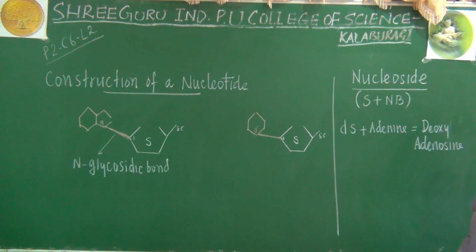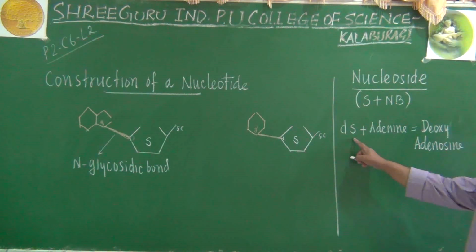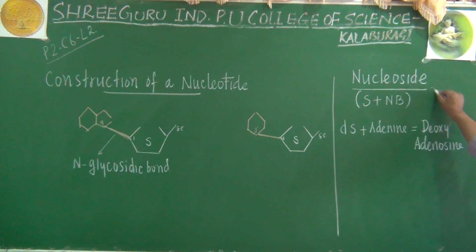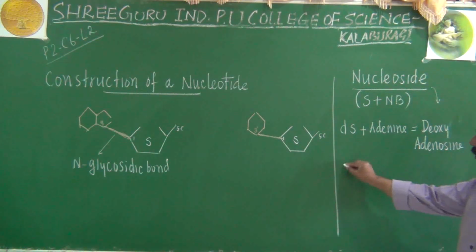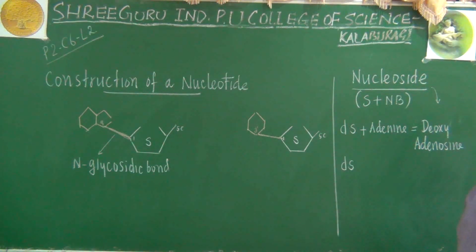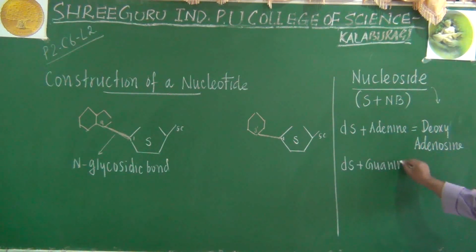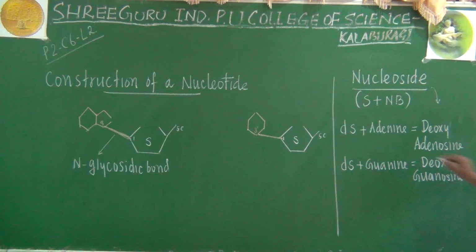So what is the nucleoside? Nitrogenous base plus sugar molecule. The sugar molecule is deoxyribose sugar and the nitrogen base is adenine, which type of nucleoside will you get? It will be deoxyadenosine. Do you get my point? Similarly, if the sugar molecule is deoxyribose sugar and the base is guanine, the resulting nucleoside will be deoxyguanosine. Do you get this point? Deoxyguanosine is made up of 2 components.